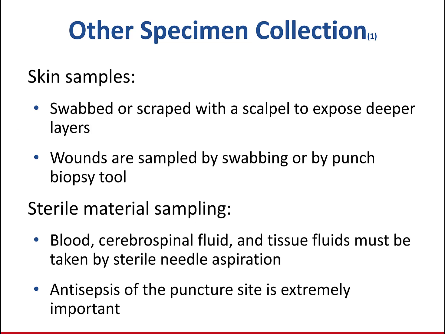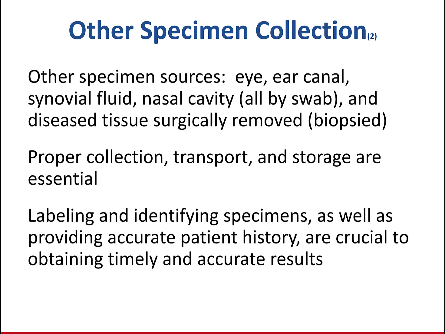So I guess that covers pretty much antisepsis of the puncture site. Of course, you want to make sure it's as clean as it can possibly be before you take the sample. Other specimen sources are the eyes and ears and synovial fluid of joints, nasal cavity, all sorts of proper collection and labeling and identifying.